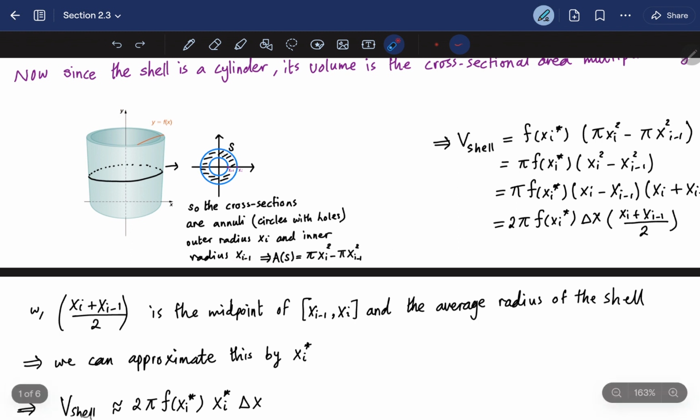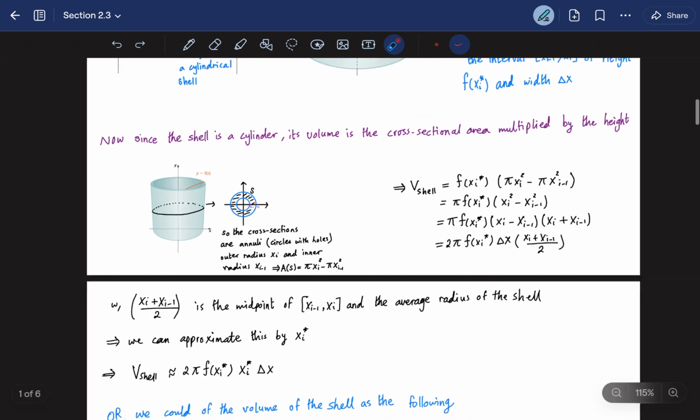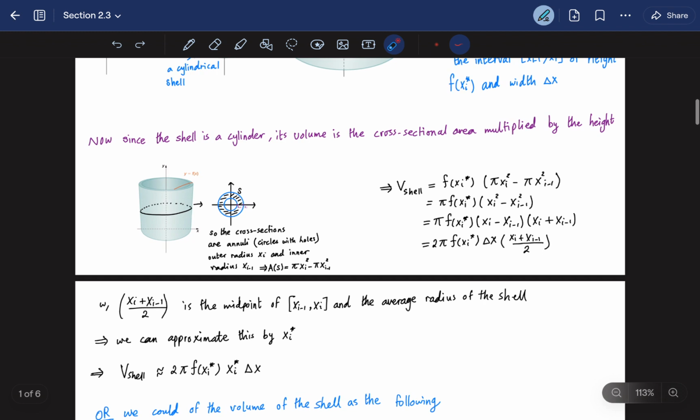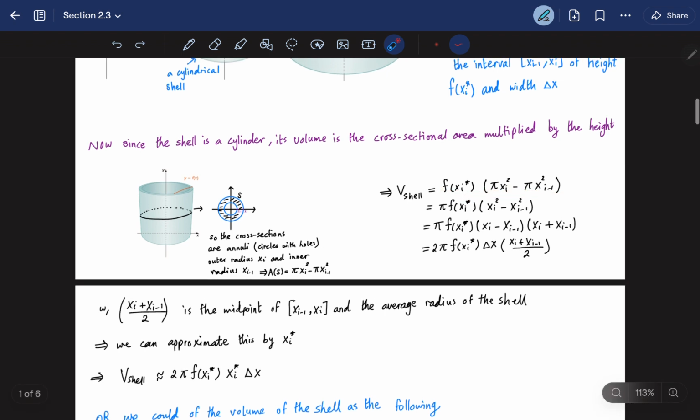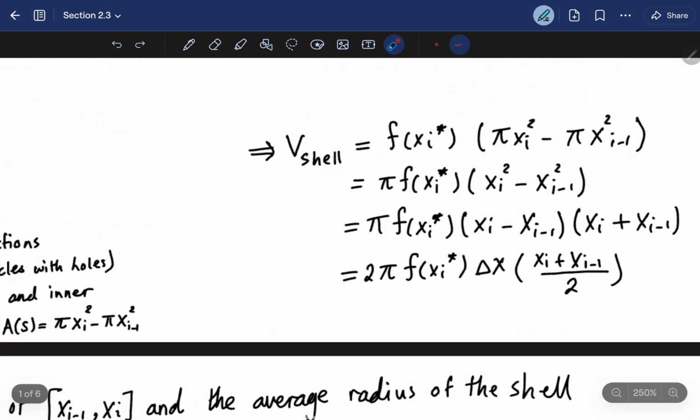So the area for this whole region S would be the area of the outer circle minus the inner circle, which is just pi x i squared minus pi x i minus 1 squared. And if you remember when we calculated the volume from last time, it's always the height multiplied by the area of the cross section. So let's look here.